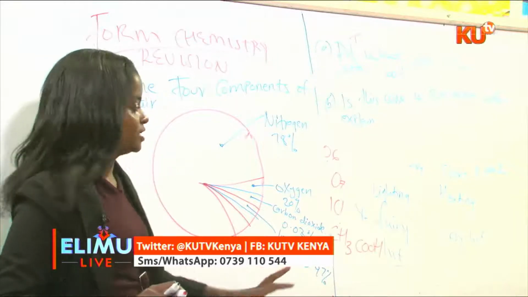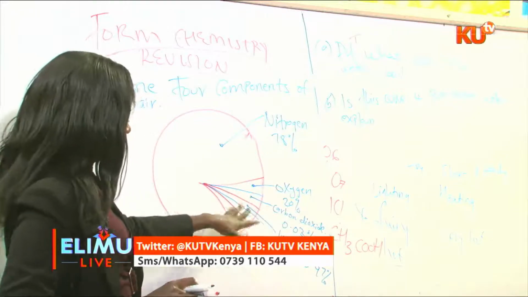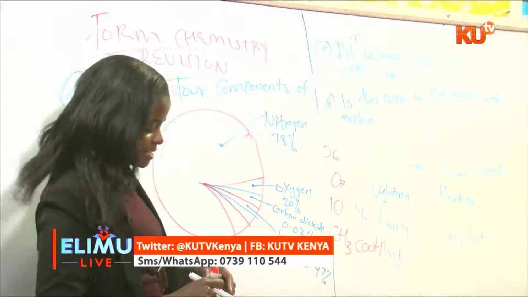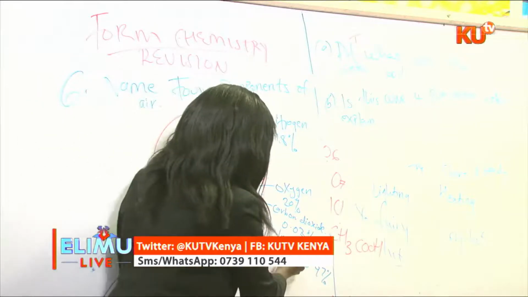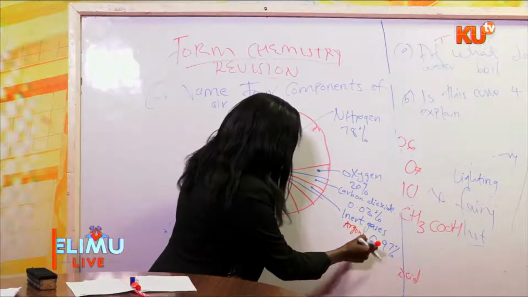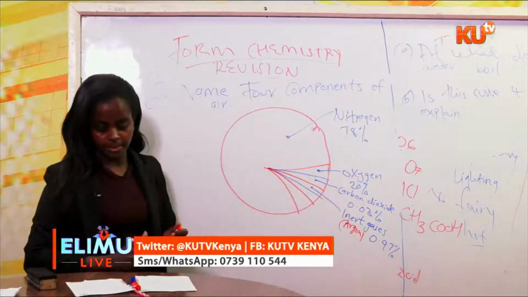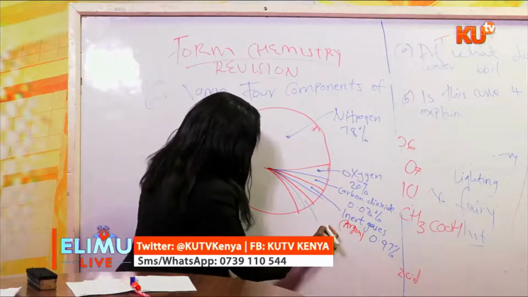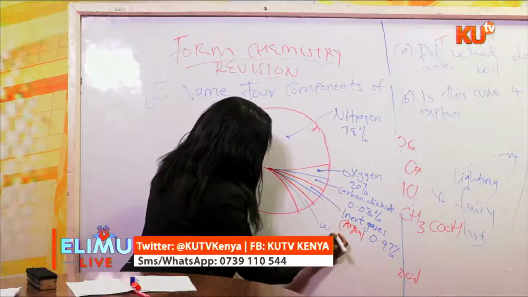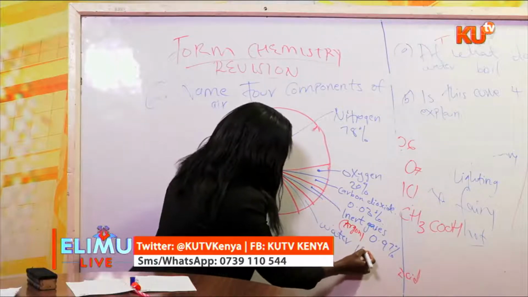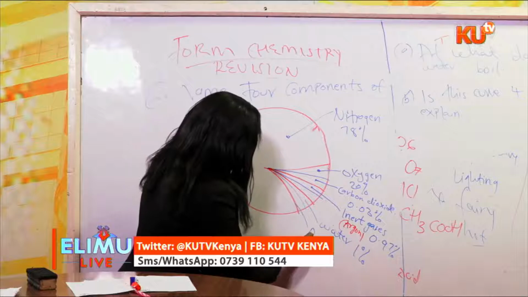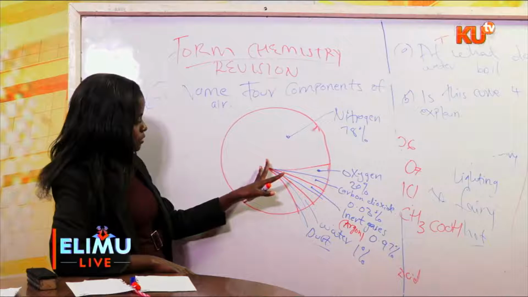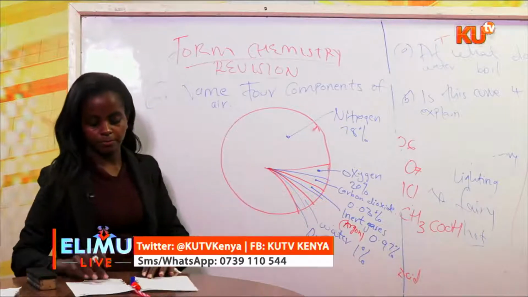We had nitrogen taking 78%, oxygen 20%, carbon dioxide 0.03%, inert gases which are mainly argon, taking 0.97%, water vapor with 1%, and dust. So you might find such a question in your exam.